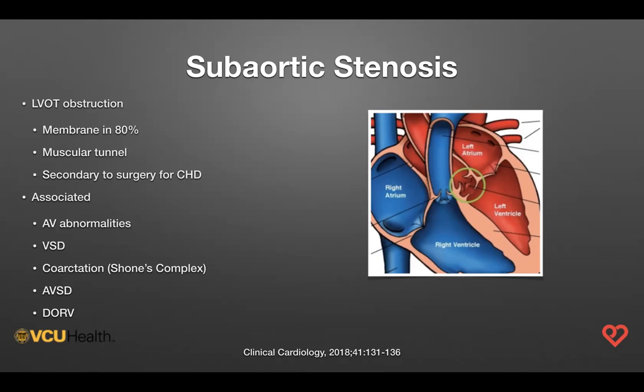You can also get AV canal defects associated with subaortic stenosis, and it is seen in double outlet right ventricles.